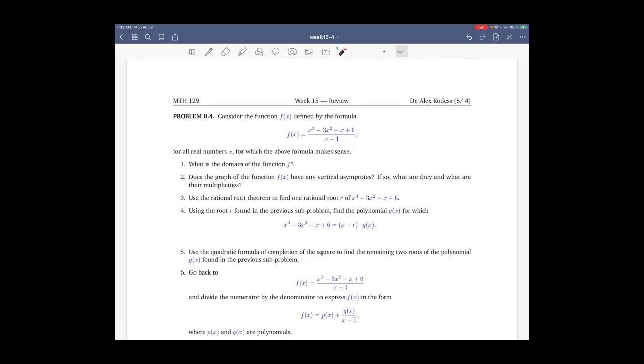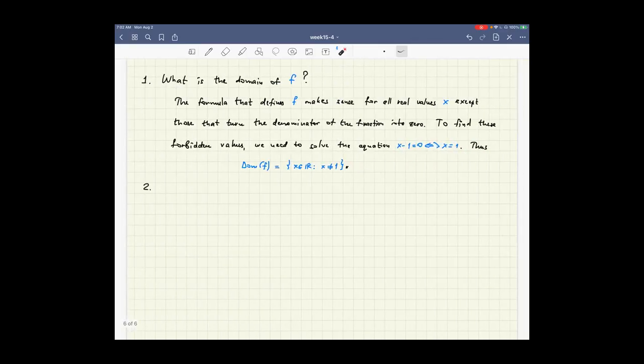vertical asymptote. Does the function f have any vertical asymptotes? If so, what are they and what are their multiplicities? Well, a rational function has vertical asymptotes for each root of the denominator that is not also a root of the numerator.